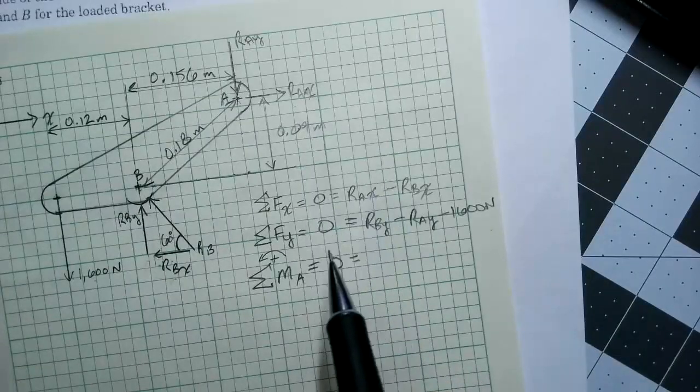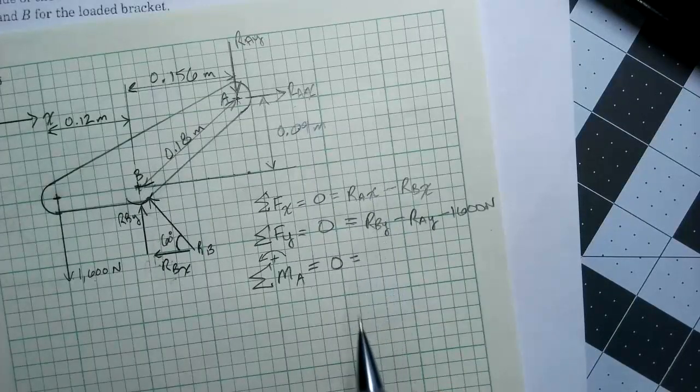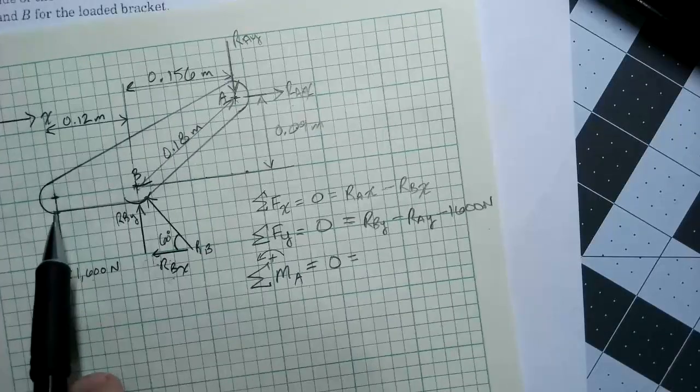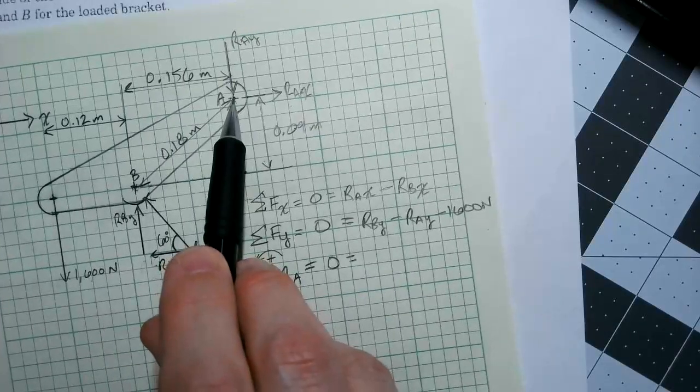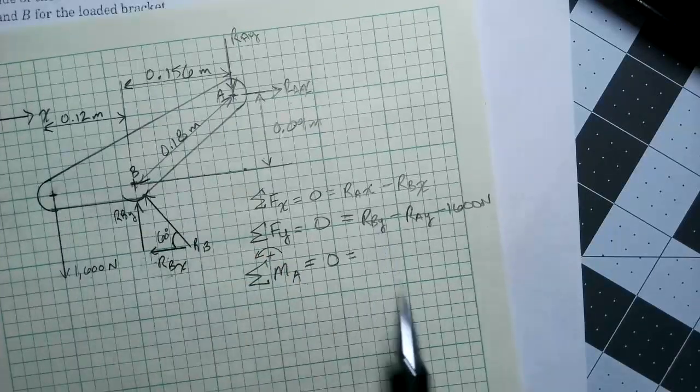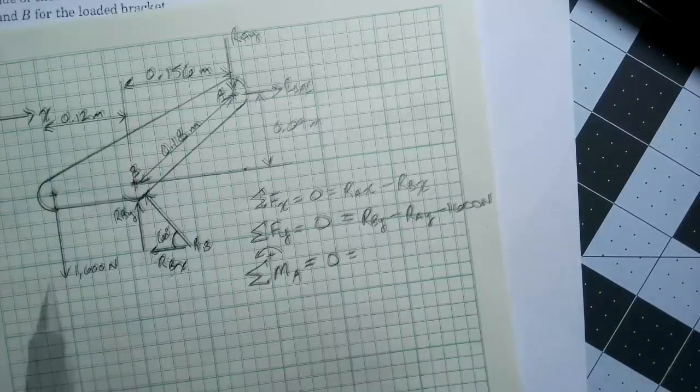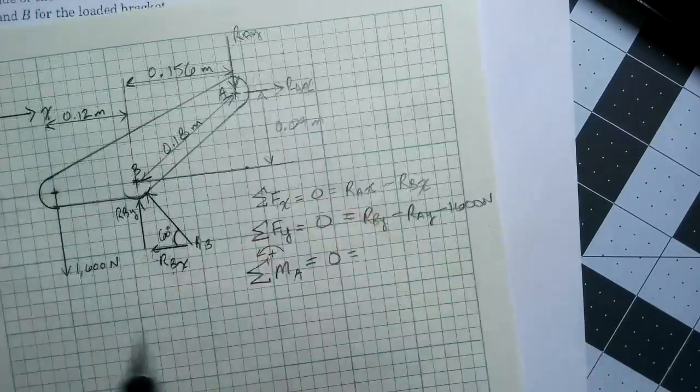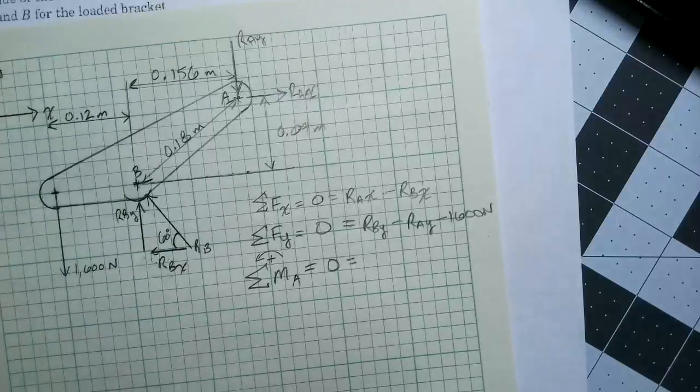So we've got a couple things going on with our sum of the moments. Now the 1600 about point A is trying to create a counterclockwise rotation, so we consider that positive.